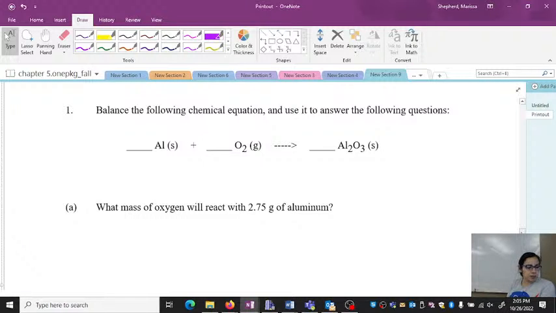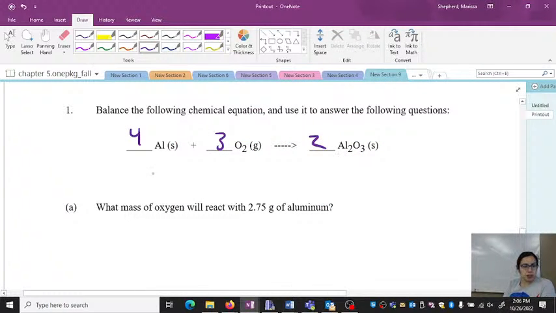And then we can start doing A. So did we figure out our coefficients for balancing? 4, 3, 2.